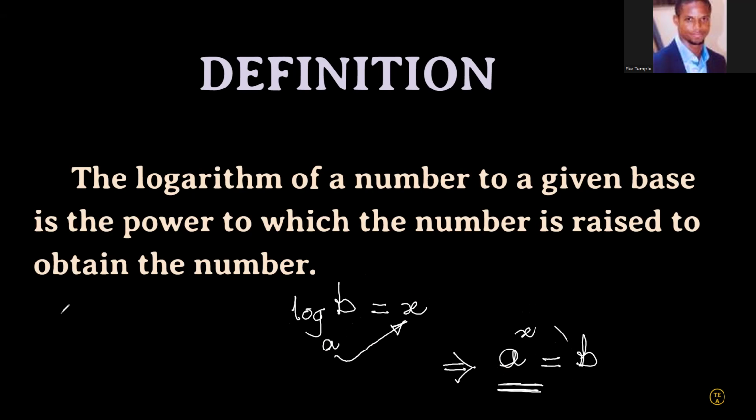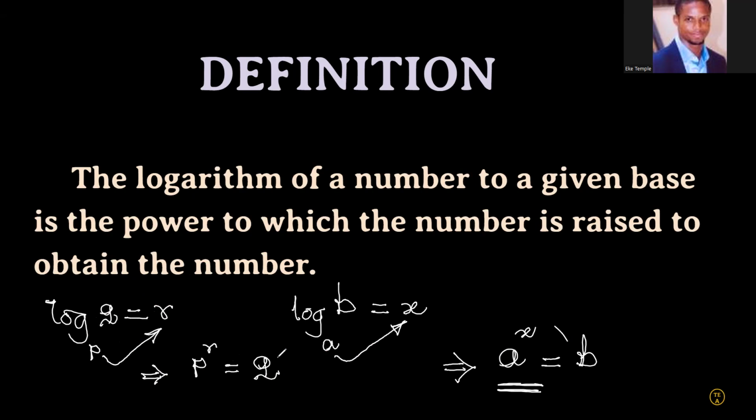Another illustration: if we have that the logarithm to base p of the number q is another number r, it means the base p must be raised to the power r to give back the number q. So this implies, again, that the base p must be raised to the power r to obtain the number q. All right, this is the basic definition of logarithm.